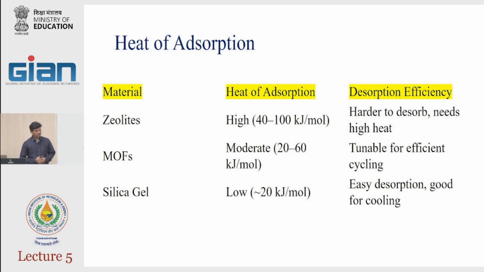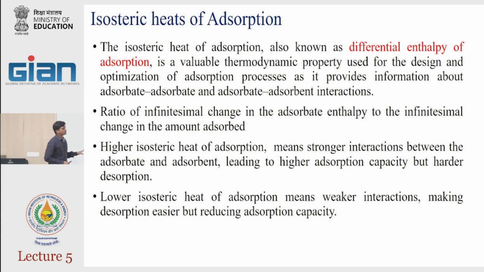Let's go. Among all heats of adsorption, we specifically focus on the isosteric heat of adsorption. This is also called the differential enthalpy of adsorption, because it talks about the change in enthalpy of the adsorbate when we add a small amount of gas molecules into the system. This is the definition: it's the ratio of the infinitesimal change in the adsorbate enthalpy, that means the solid enthalpy, to the infinitesimal change in the amount adsorbed.